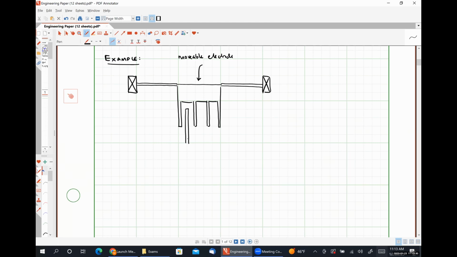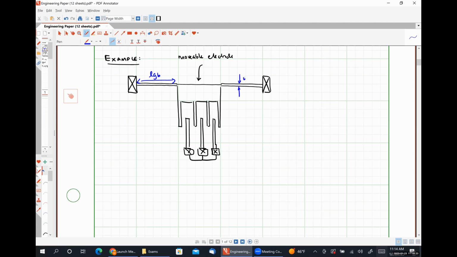And then, actually, let me draw this slightly shorter. Not that it particularly matters. Here are my stationary electrodes, and they're all electrically tied together, like so. So let's call this distance LGB.